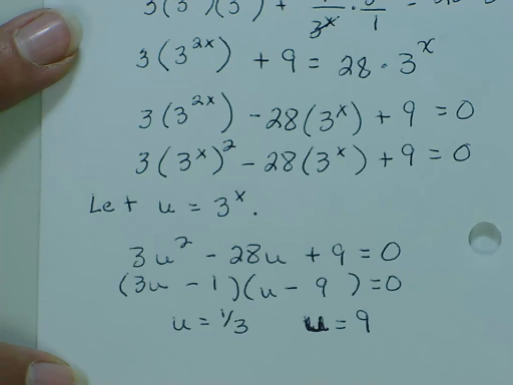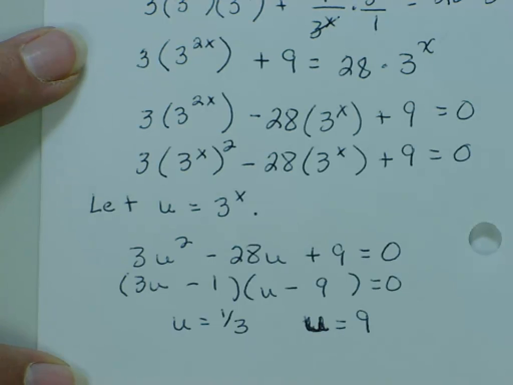Is that my two solutions, 1/3 and 9? That's just what ugly is, and I'm not solving for ugly, I'm solving for x. So how do I find out what x is? Put 3 to the x back in the place of ugly.